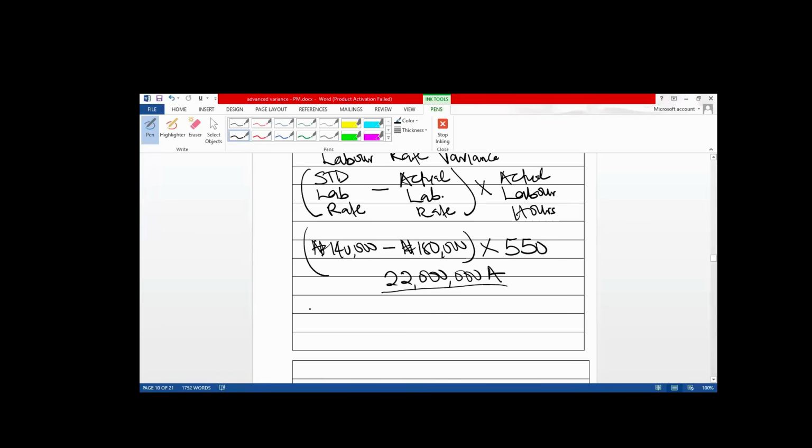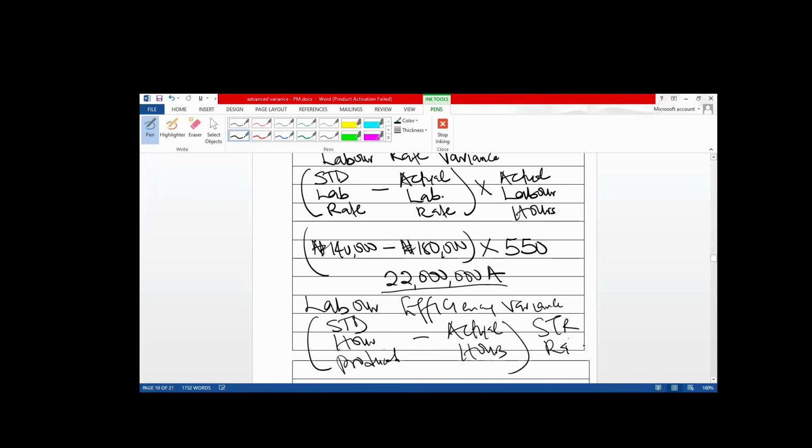Labor efficiency variance, without wasting time. Remember the formula: standard hours for actual production minus actual hours, multiplied by standard labor rate.